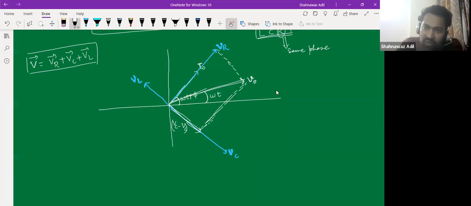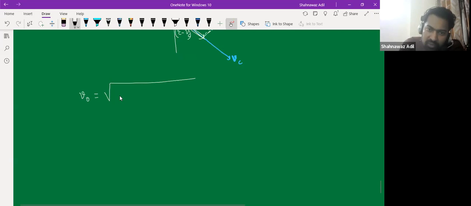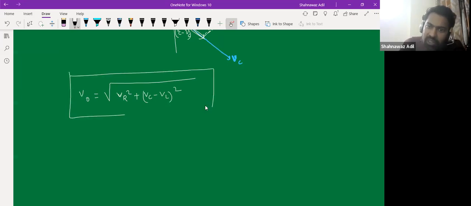V naught would be the square root of VR square plus VC minus VL whole square, right? Using the parallelogram law, this is the result that we get.